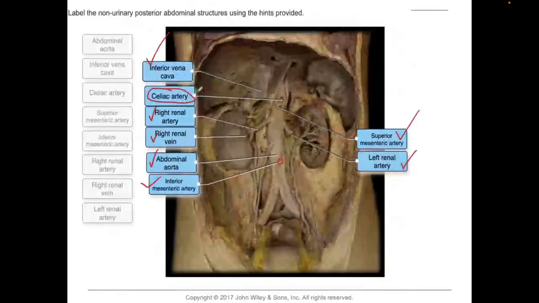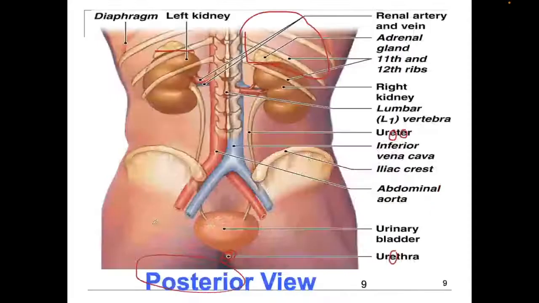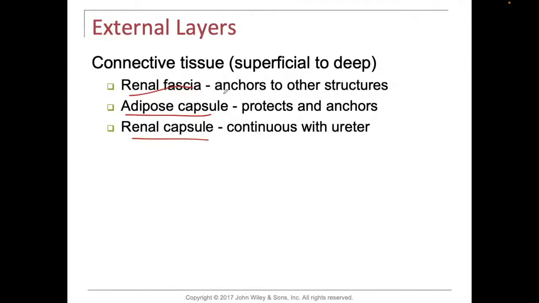Again, from superficial to deep, the renal fascia, adipose capsule, renal capsule. The renal fascia is going to anchor to other structures. The adipose is going to protect, and it too anchors. And the renal capsule is what is continuous with the ureter.